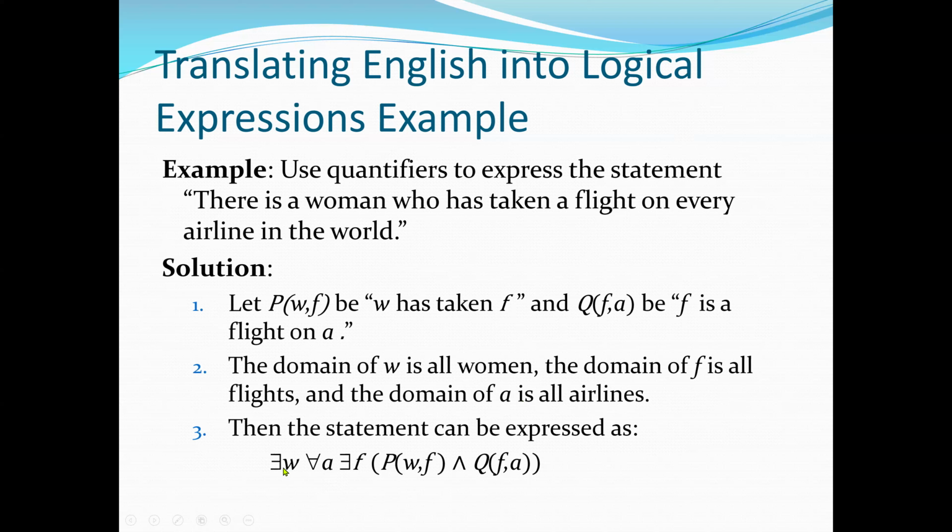So here we say that some woman has taken some airline. Some woman takes every airline in some flights. So here we can see that there's a woman who has taken a flight on every airline. So the flights, not all flights. And here we say not all airlines.